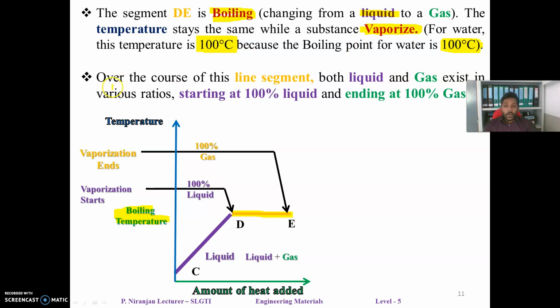Over the course of this line segment, both liquid and gas exist in various ratios. It means starting at point D, it is 100% liquid, and ending 100% gas, and this is the end point here, the 100% gas phase.